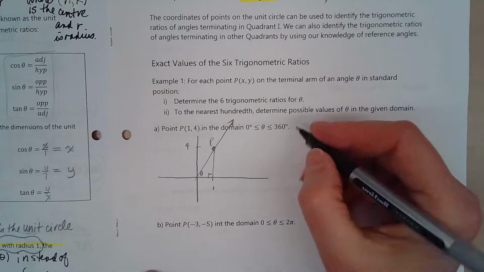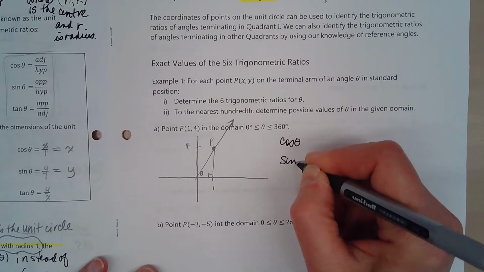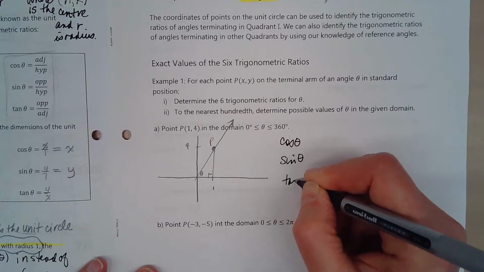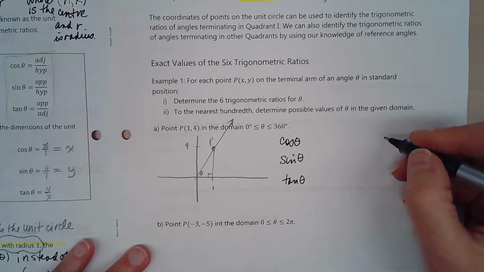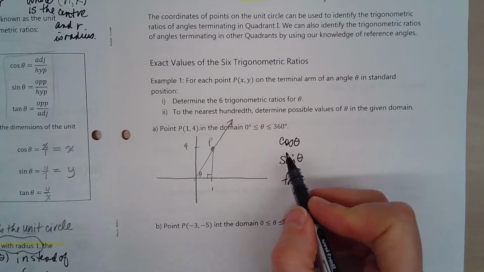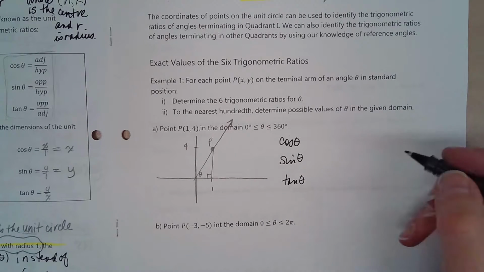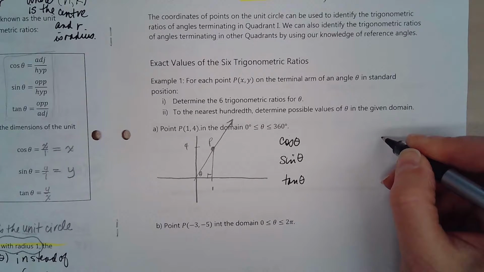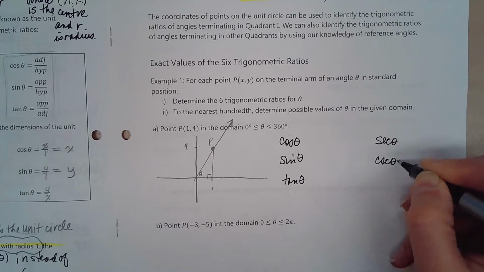I need cos of theta, sine of theta, tan of theta. Because once again, with the trig ratios, it doesn't really matter what size of circle, the angle measure doesn't change no matter how big the circle is. So I'm going to do the reciprocals over here, right? I want secant theta, cosecant theta, and cotan theta.